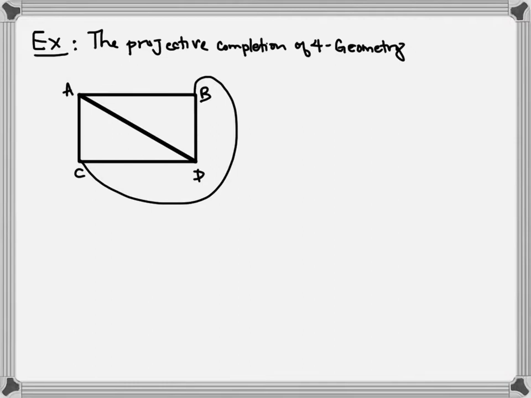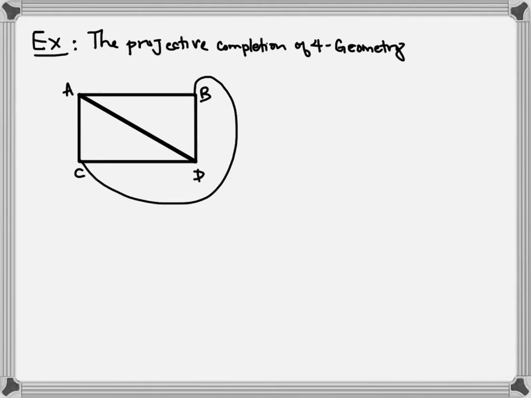Okay. So what does it look like to complete this? Well, it means that for every point and line that does not contain that point, we need another point. So let's take a line. Somebody pick a line for me. BD. All right, so if I take line BD, tell me a point that's not on line BD.